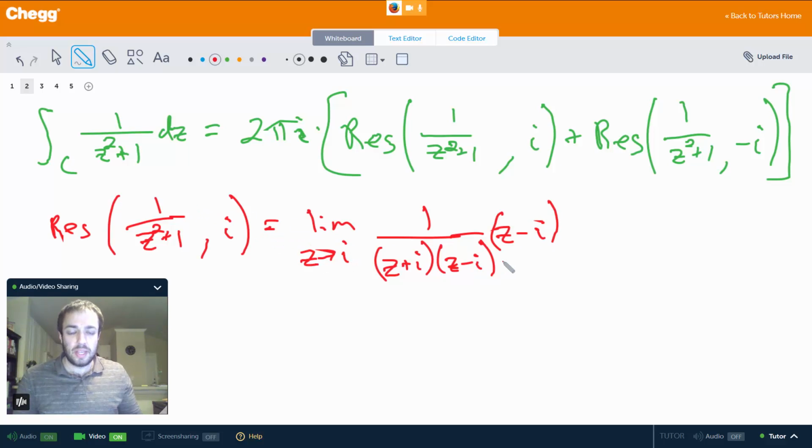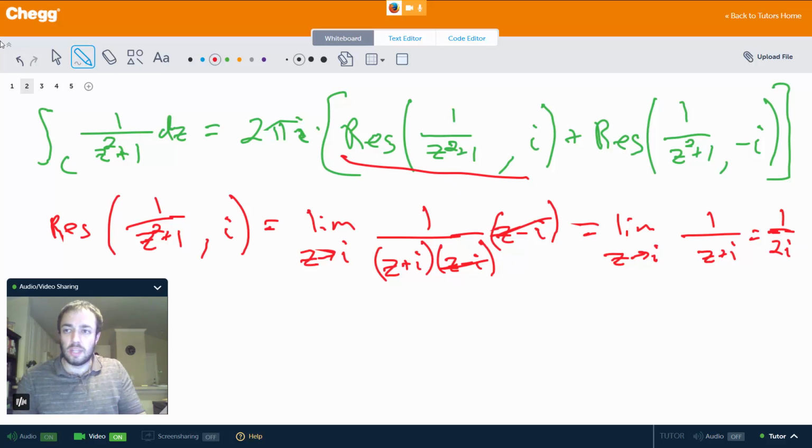So this is how we calculate residues. So z minus i, those cancel. So really all we have is the limit as z approaches i of 1 over z plus i, which is 1 over i plus i, which is 1 over 2i. All right? So that's this residue right here. It's equal to 1 over 2i.